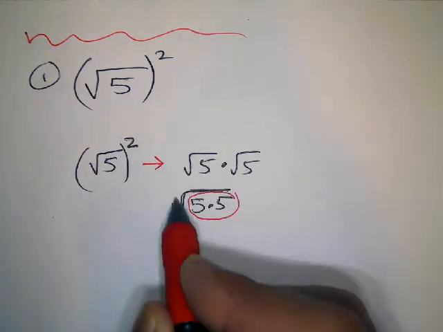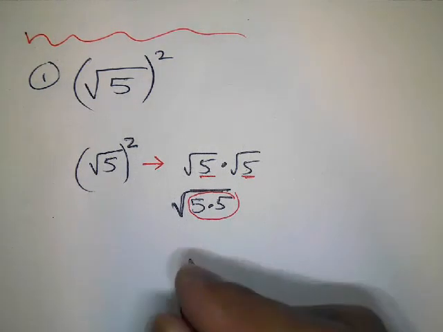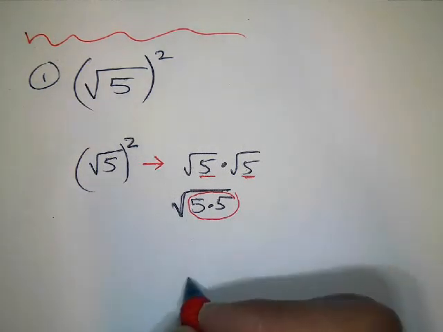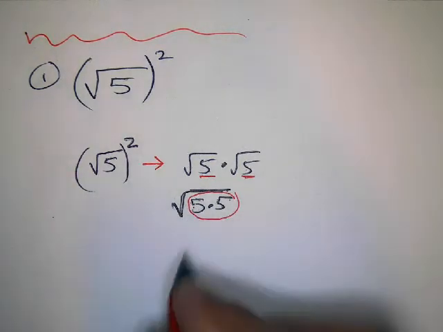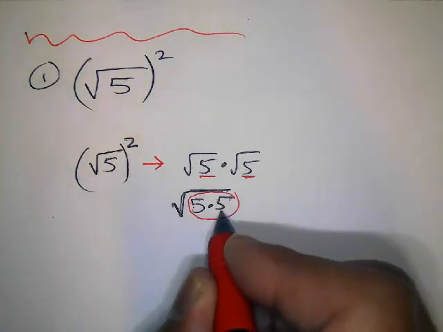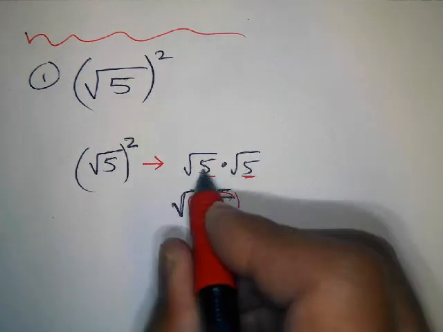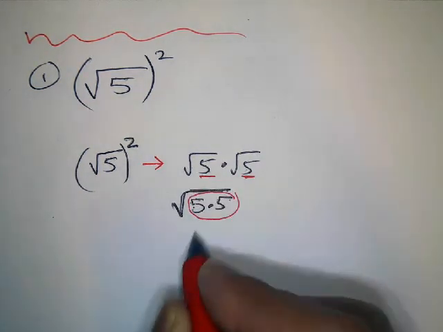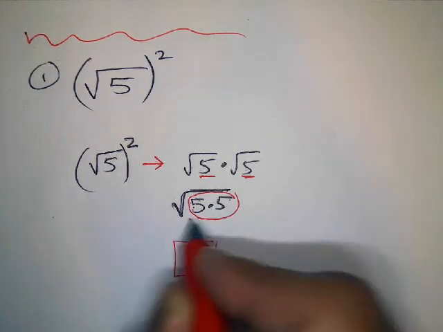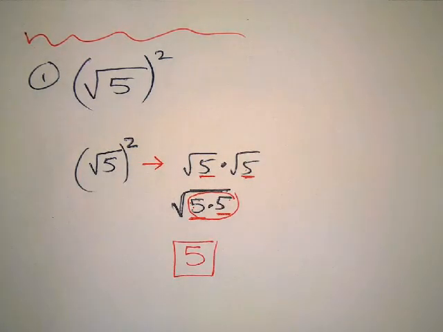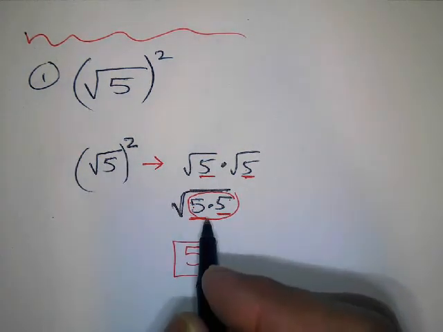When you multiply these 2, don't bother to get the answer 25. Just know that I already have 2 of the same number. I don't need to know that 5 times 5 is 25. When it's 2 of them, the answer is just whatever's under the square root. When you have 2 of the same kind, that's the answer, right?